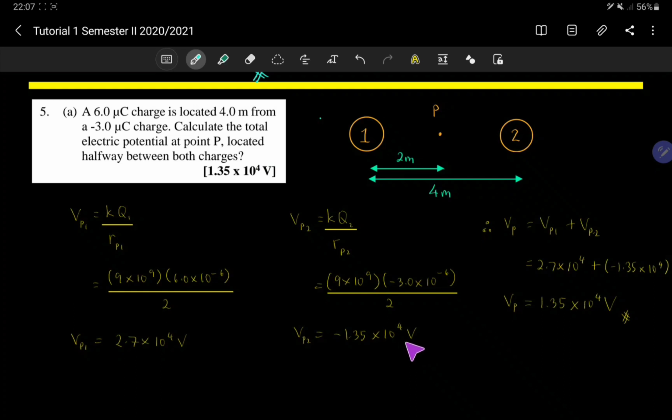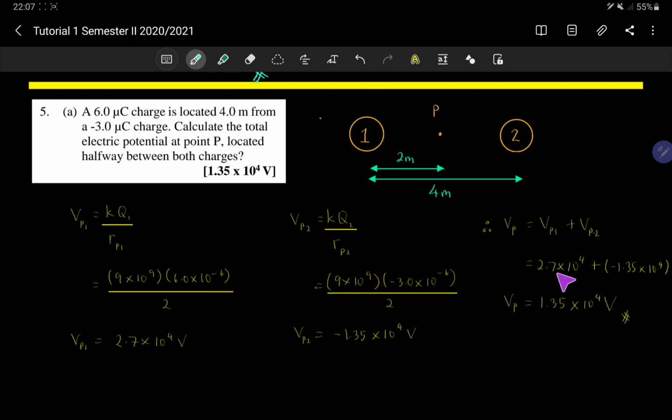Alright, so by getting VP1 and VP2, we just total up the values. V on P equals V on P by 1 plus V on P by 2. Substitute the values calculated just now, VP1 and VP2, into this equation, so that you will get VP equals 1.35 exponent 4 volt.